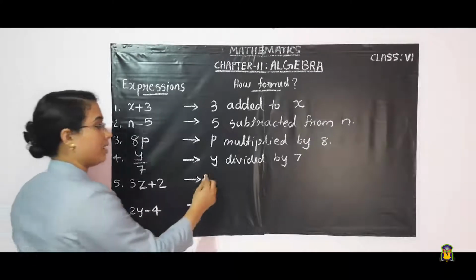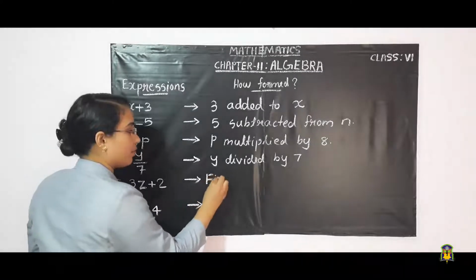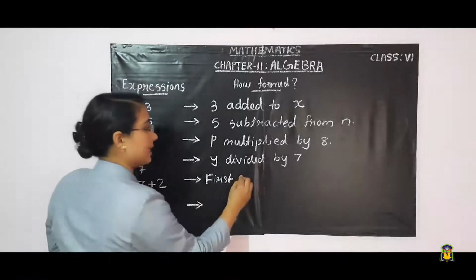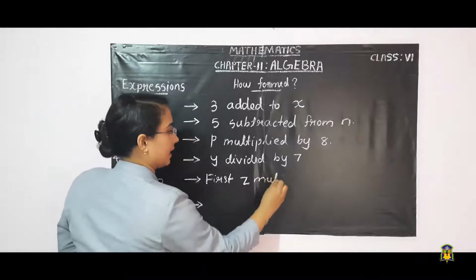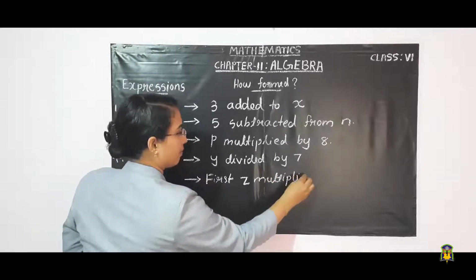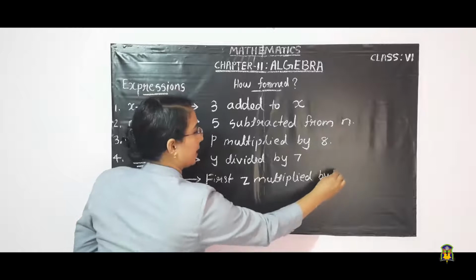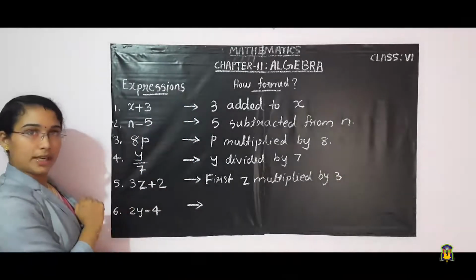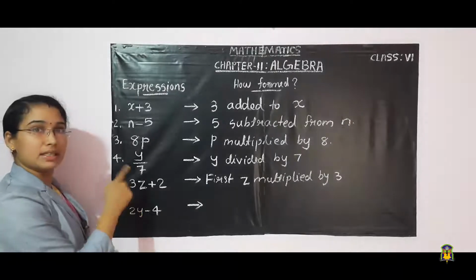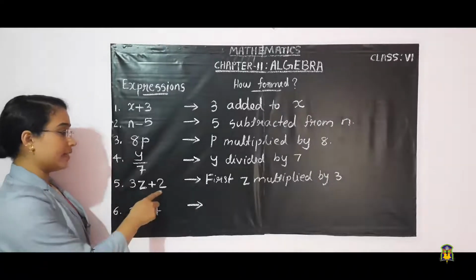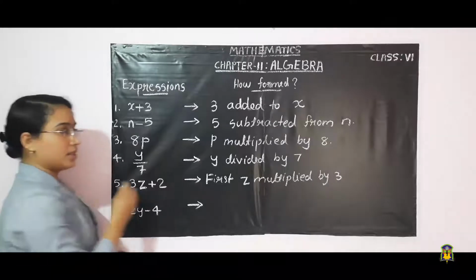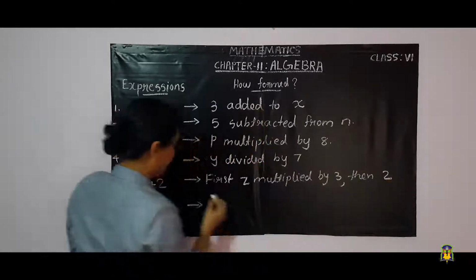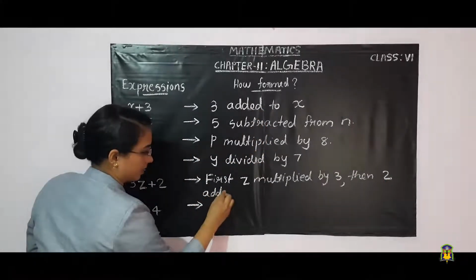Okay, so we want to write first z multiplied by 3, then 2 added to the product. This is the product. 3z means now it is the product. Okay, then 2 added to the product.